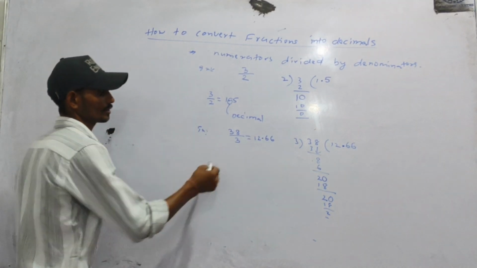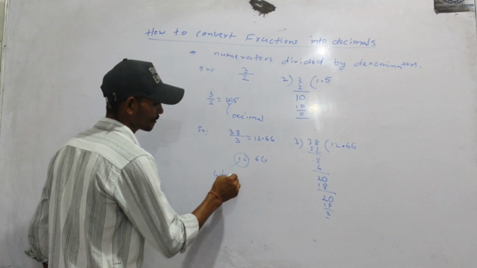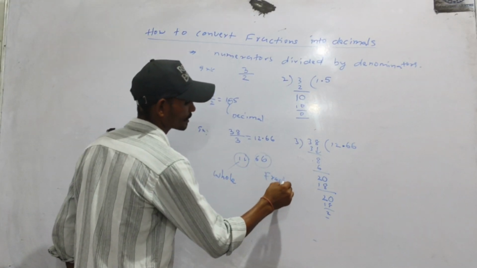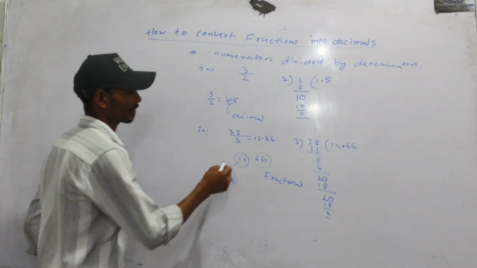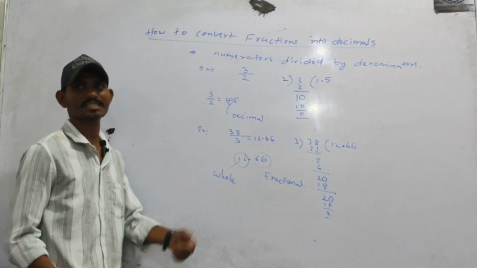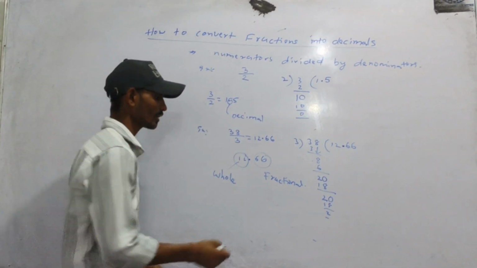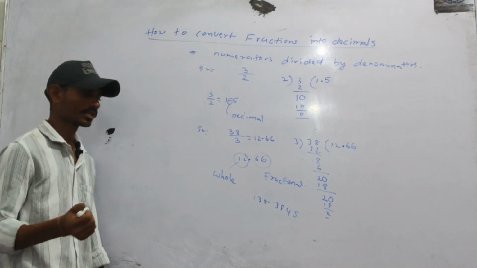So the answer is 12.66. This is the whole part, and this is the fractional part, or you can also say the decimal part. But after the point you don't read it as sixty-six. After the point you read each digit individually, for example 138.3845.